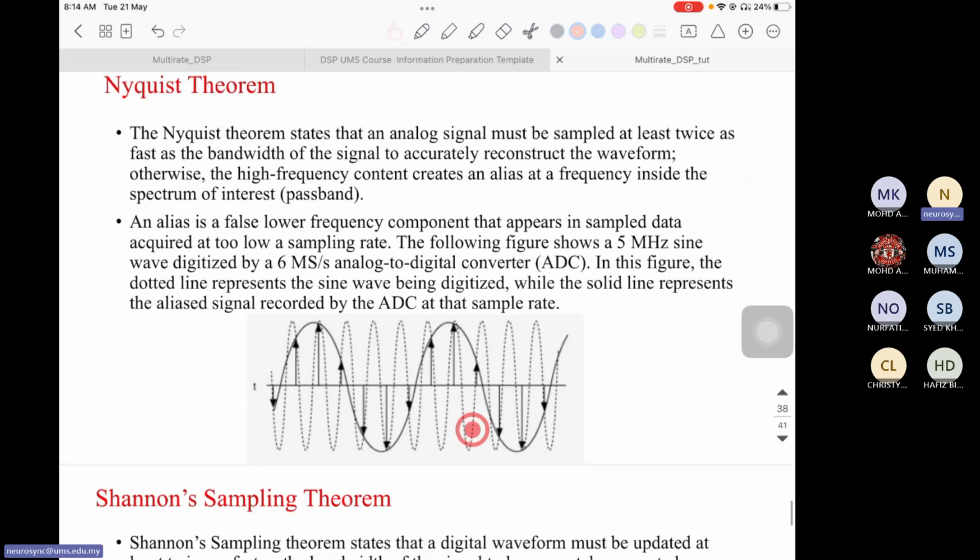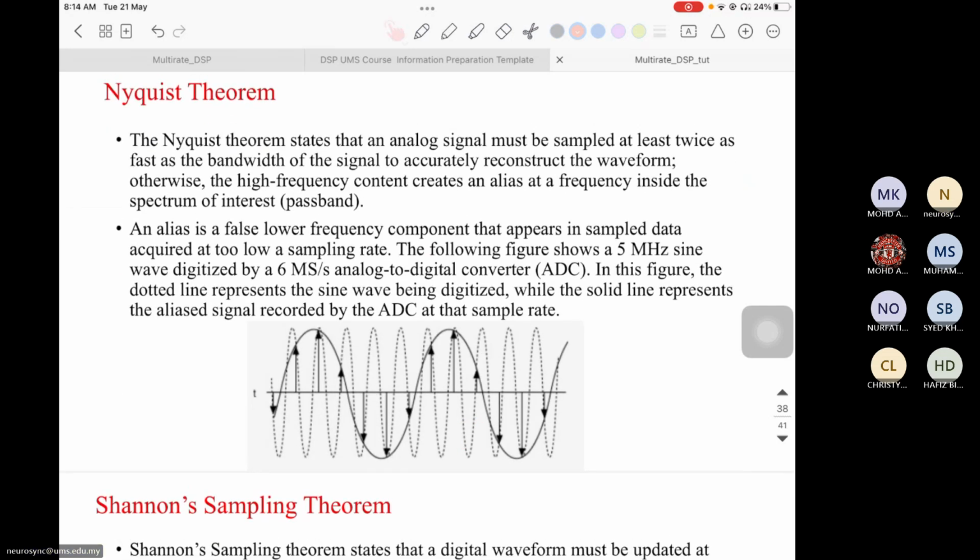The Nyquist theorem states that an analog signal must be sampled at least twice as fast as the bandwidth of the signal to accurately reconstruct the waveform. This is very important.